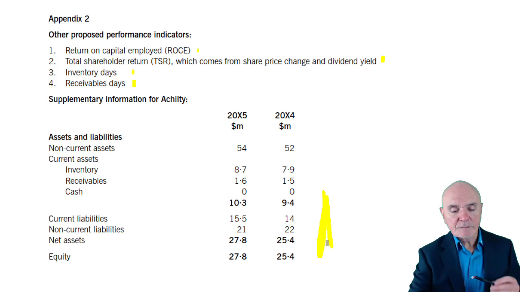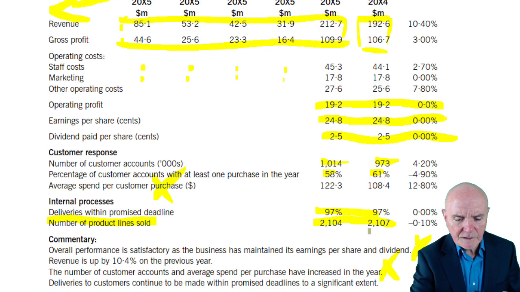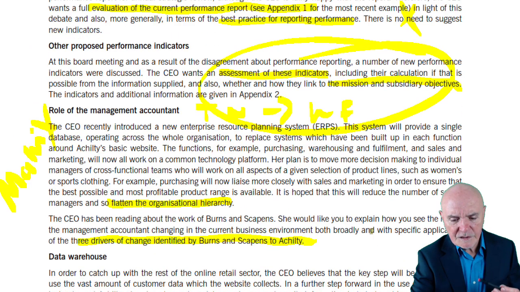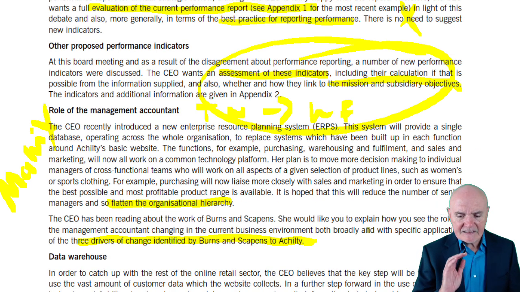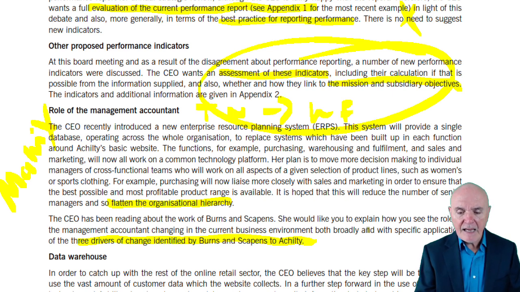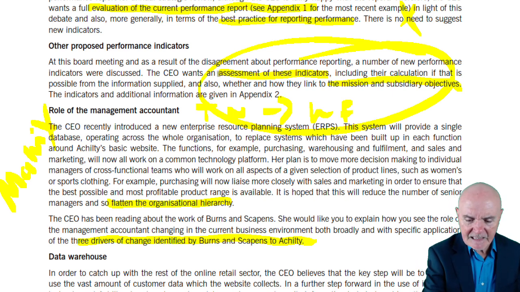Inventory days, because remember the question says, let's just go back and check we're answering that right, because I think you need to do this as well a little bit. What did she actually ask about this? She wants an assessment of these indicators, including their calculation, and also whether they link to the mission and subsidiary objectives. So this assessment is possible.